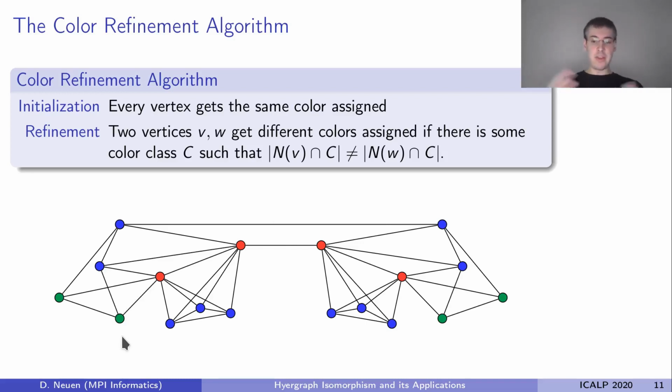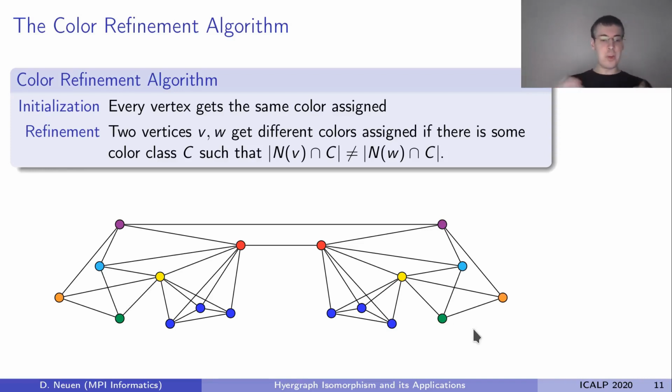Now we refine this coloring. For example, we can see that this red vertex here has a green neighbor, but this red vertex here doesn't. So now we can distinguish them and assign different colors to these vertices. We can keep on going, iterating this process. In the next iteration, this green vertex here has a violet, a purple neighbor, but this green vertex doesn't, so we can again distinguish them.